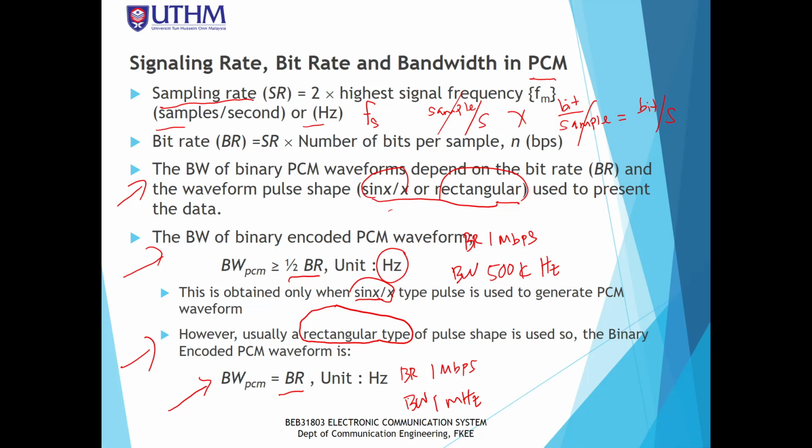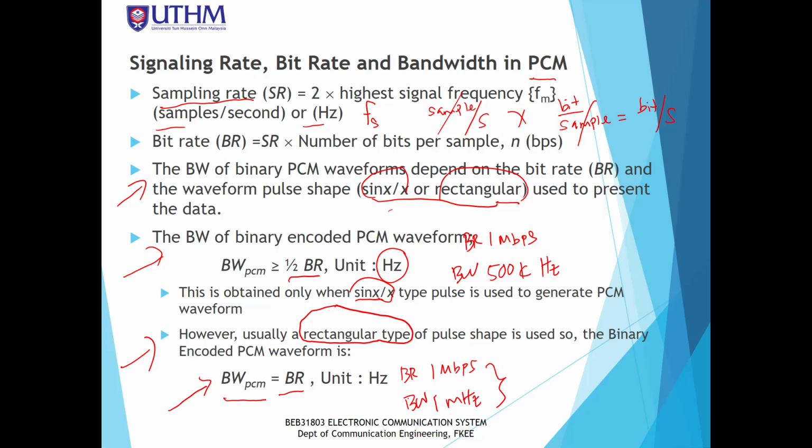So it depends on the function of the pulse train. Normally we use rectangular type pulses. So normally for the bandwidth of the PCM, we use rectangular. Okay, so that's why we are going to produce a bandwidth equal to the bit rate.